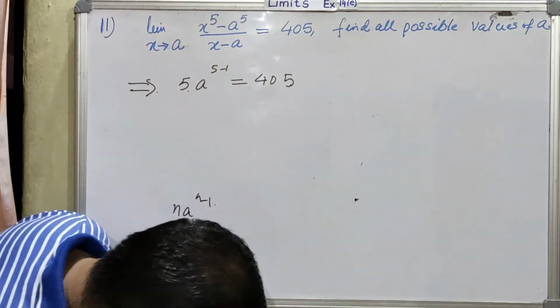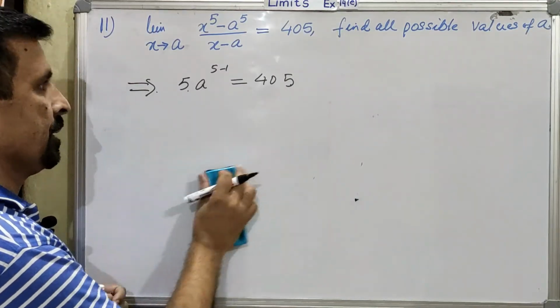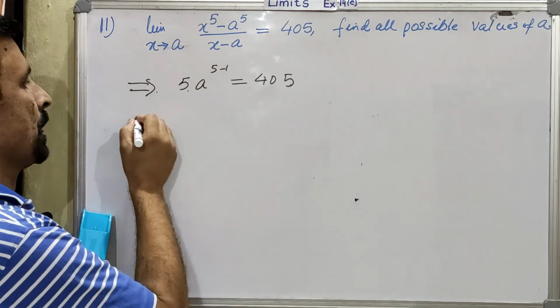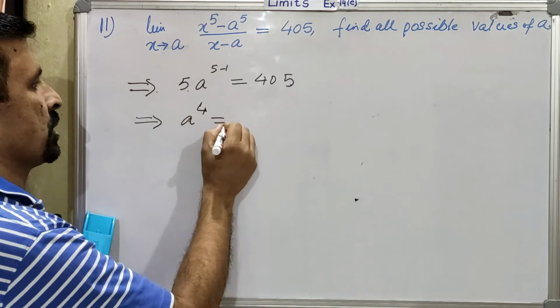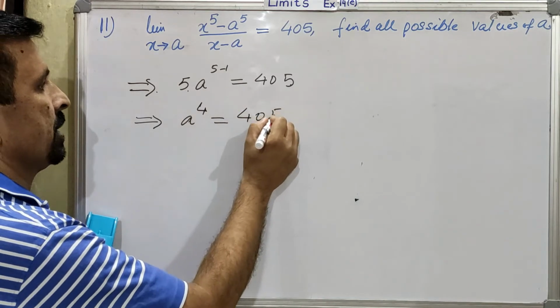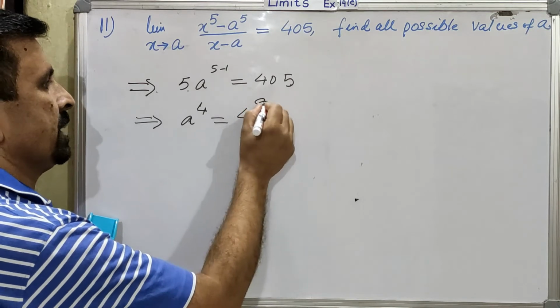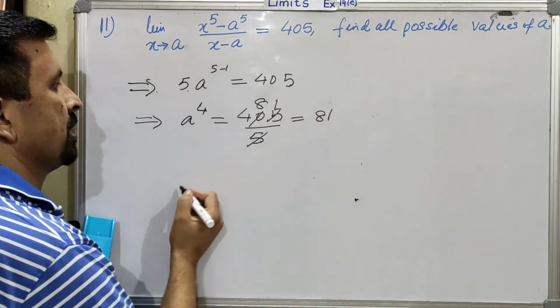This is already given. Now 5 can be sent to that side. So this is a to the power 4 is equal to 405 divided by 5. So 5 8s are 40 and 5 1s are 5. So this is 81.